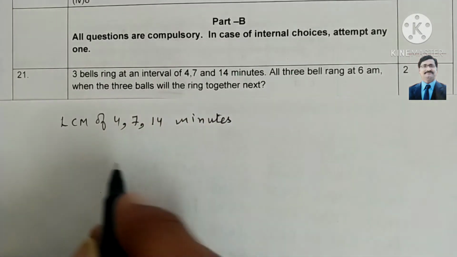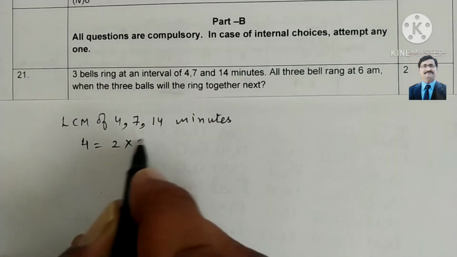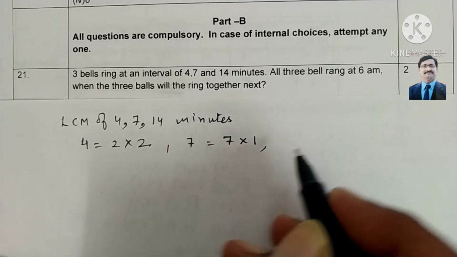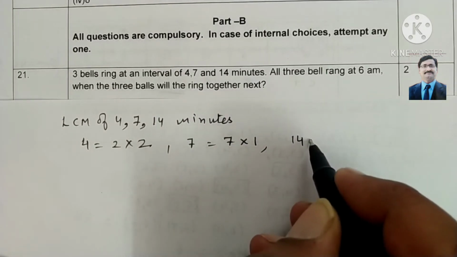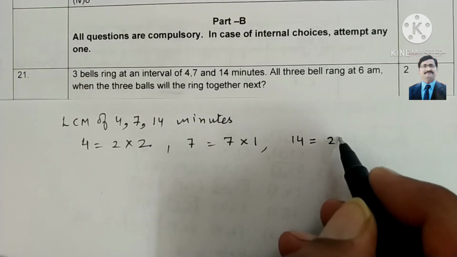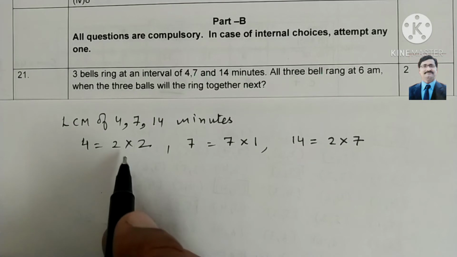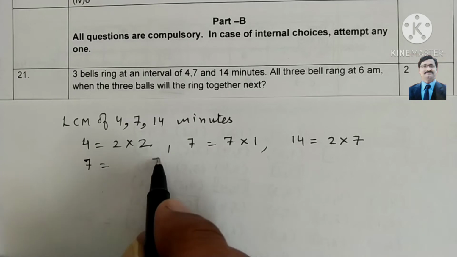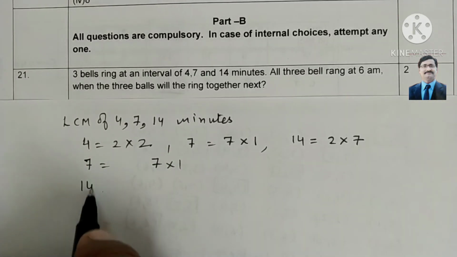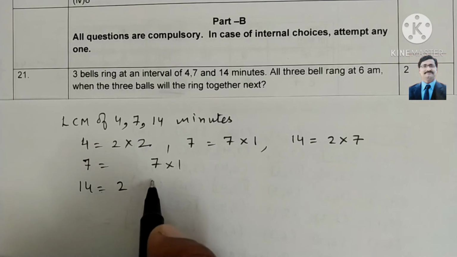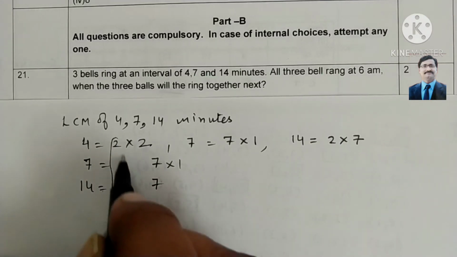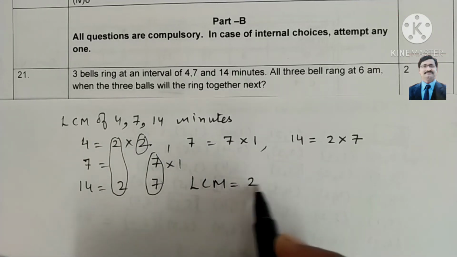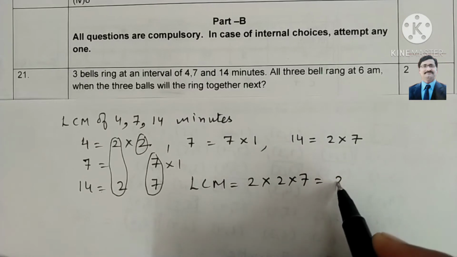Here 4 we can write as 2 into 2, 7 we can write as 7 into 1, and 14 we can write as 2 into 7. The 2 is the same, the 7 is the same. So the LCM will be equal to 2 into 2 into 7, which means we get 28.